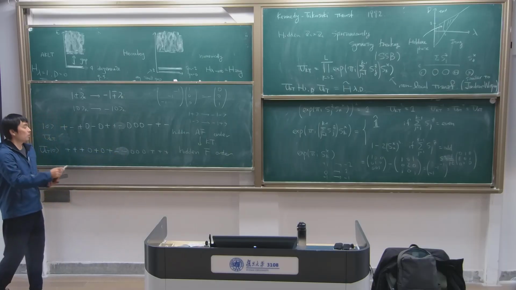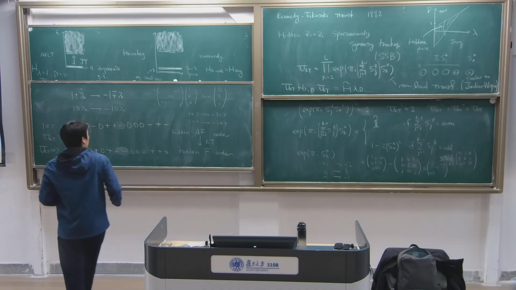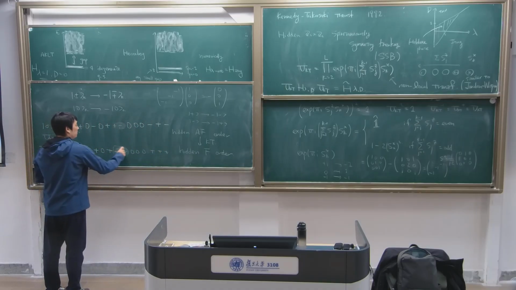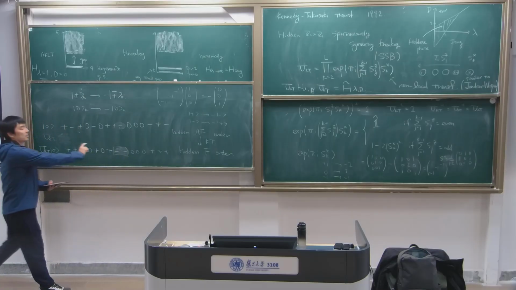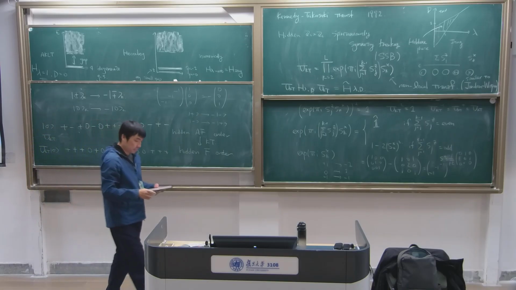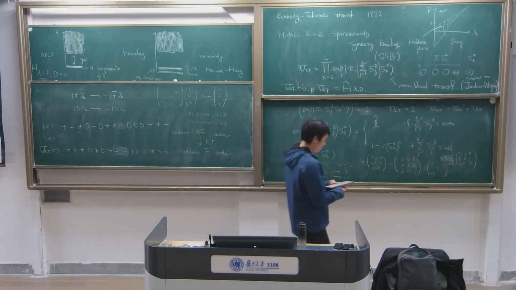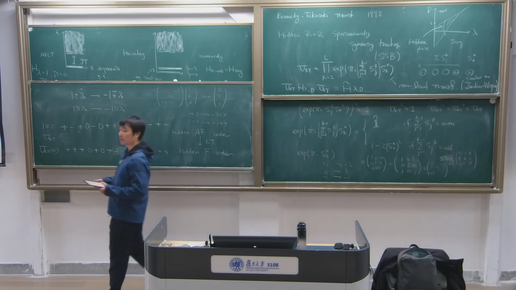So if you map them to the ferromagnetic, here also you have some defects. All the others are plus plus, but the defect part becomes minus. That's what's really happening. That's the meaning of this Kennedy-Tasaki transformation.